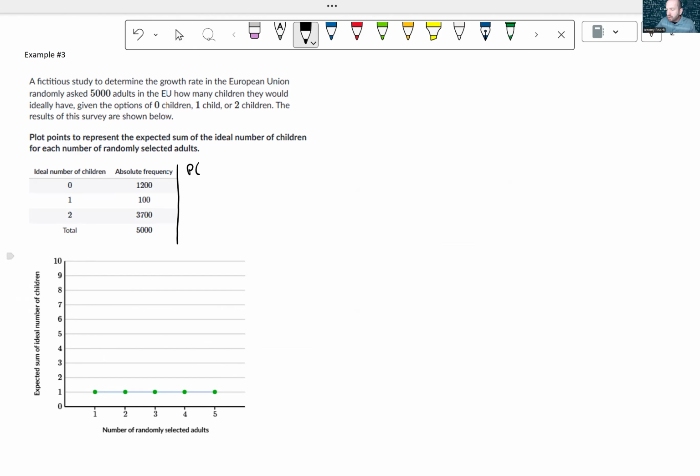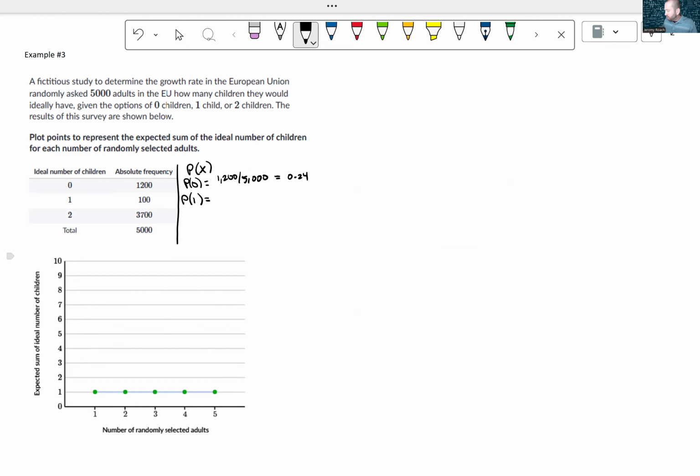So the probability for each of these, there's a total of 5,000. And so the probability of someone wanting 0 children is 1,200 over 5,000. And if we simplify that, that's 0.24.